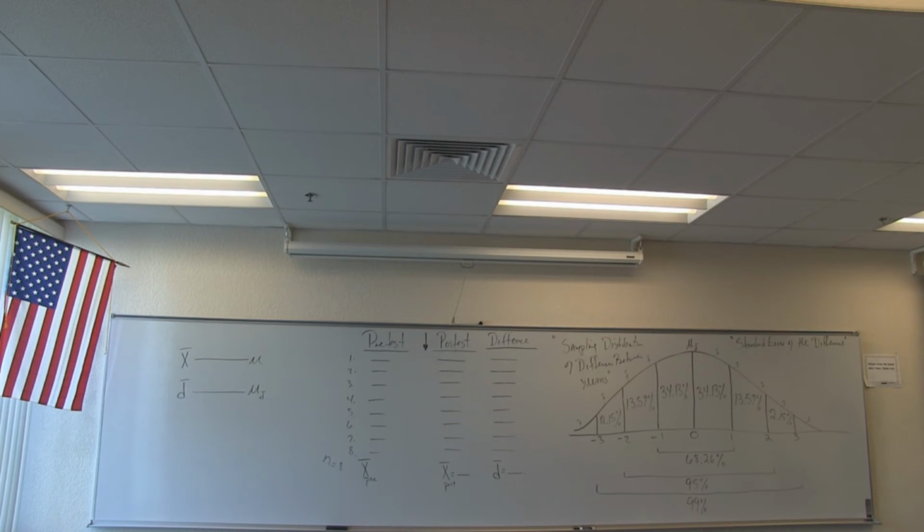So instead of the standard error of the mean, like we worked with before, we're now working with this standard error of the difference. We symbolize it using an S subscript d bar. It's actually equal to the standard deviation of this difference column of scores divided by the square root of the sample size.